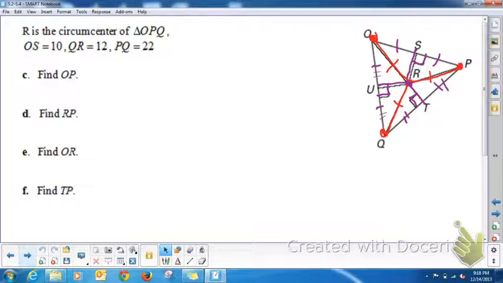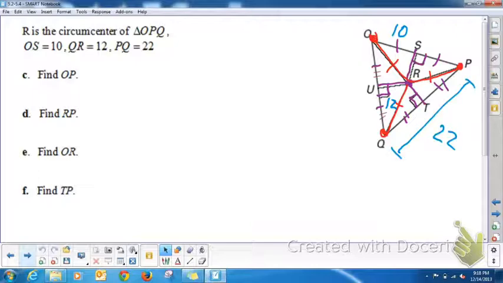So let's label our picture here. If OS is 10 and QR is 12 and PQ is 22, this whole thing out here is 22.